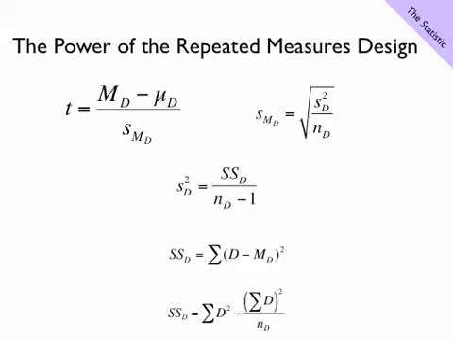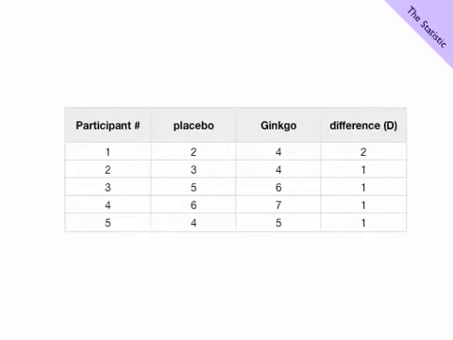How do we get the sum of squares for the difference scores? Well, we could do it the old-fashioned way by subtracting the mean difference score that we just calculated, 1.2, from each one of our difference scores, or we could use the computational formula, and that's what I'm going to use in the example.